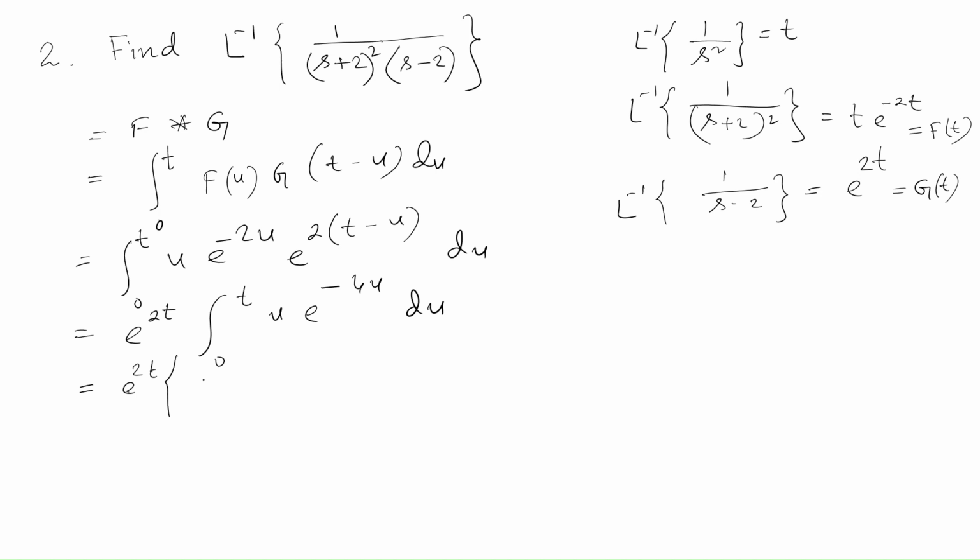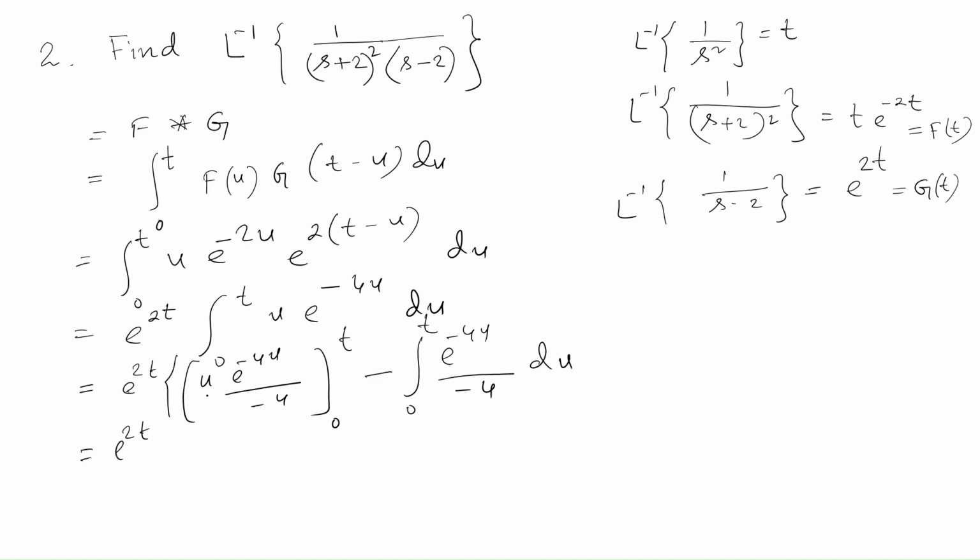First function is u, and e power minus 4u divided by minus 4, and it is from 0 to t. Then d by du of u is 1, so we'll have minus integration e power minus 4u by minus 4 du.